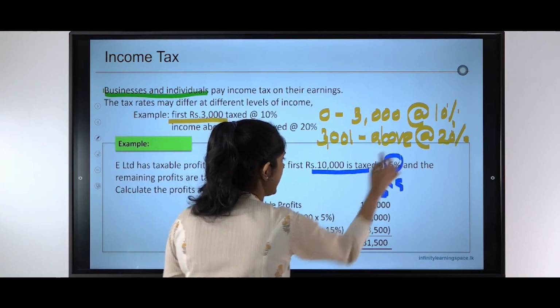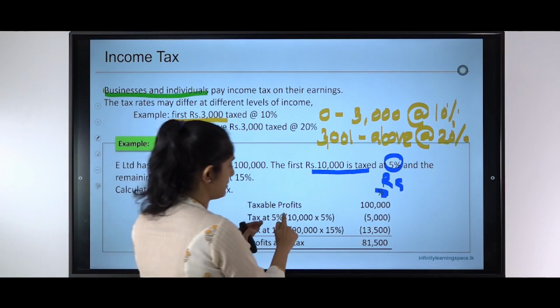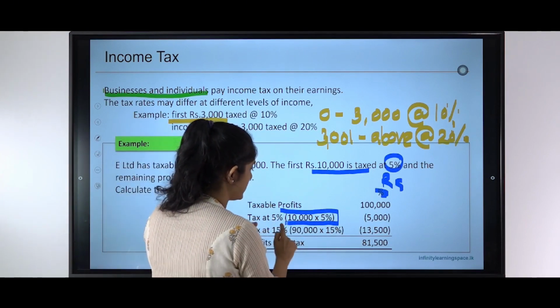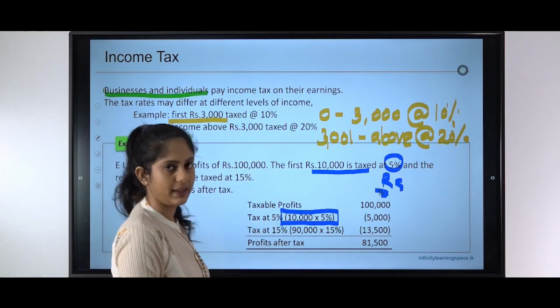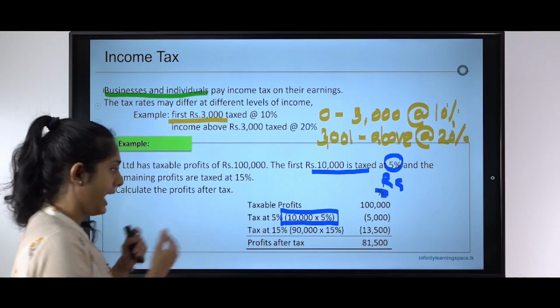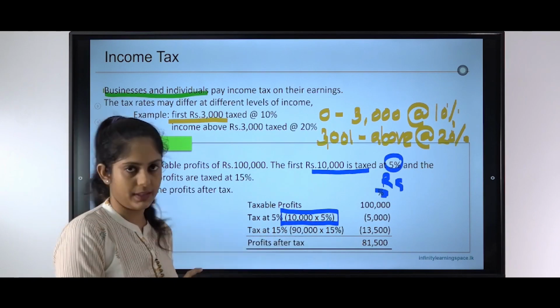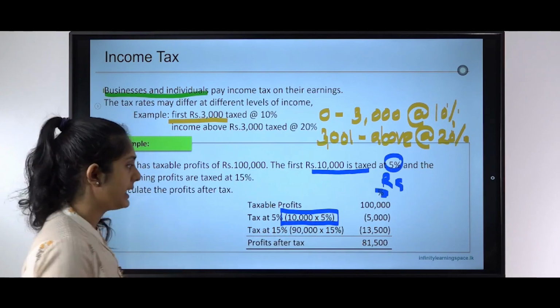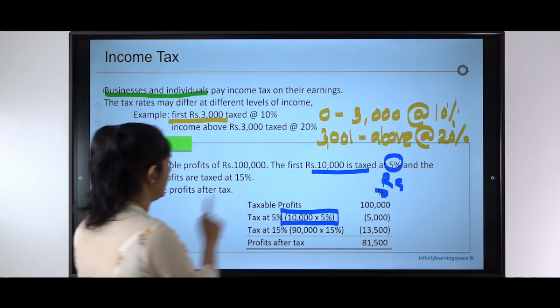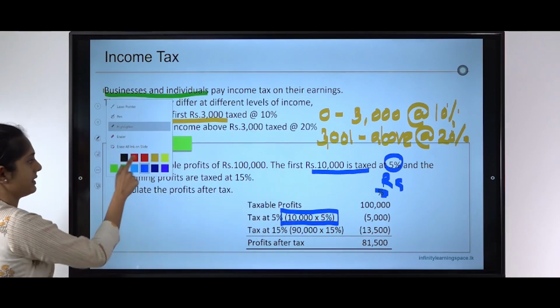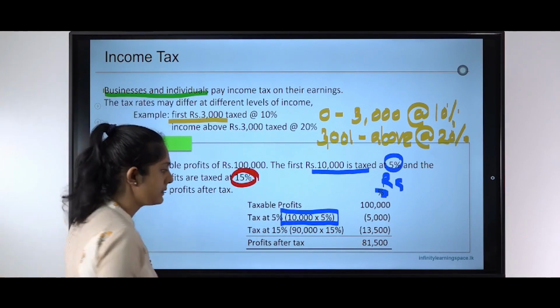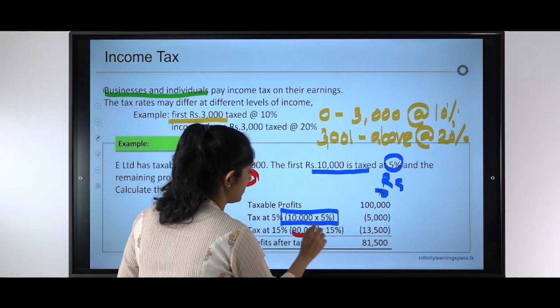On 10,000 you charge 5%, which is 500. After that, out of 100,000 profit, 10,000 is done with 5%, the remaining 90,000 goes at 15%. So that is this rate, on the remaining 90,000, right?